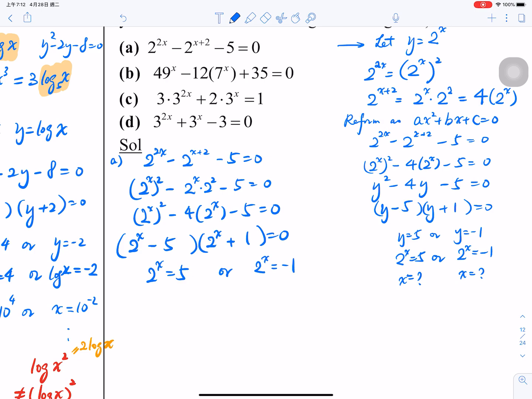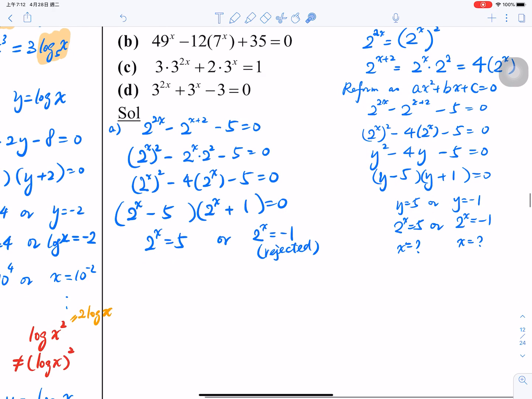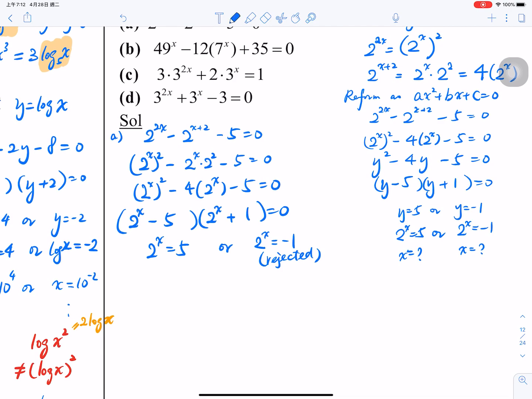Do you remember, an exponential function is not smaller than 0? So this part you need to reject. How to solve this? 5 cannot be written as 2 to the power of something, so we need to take log on both sides.